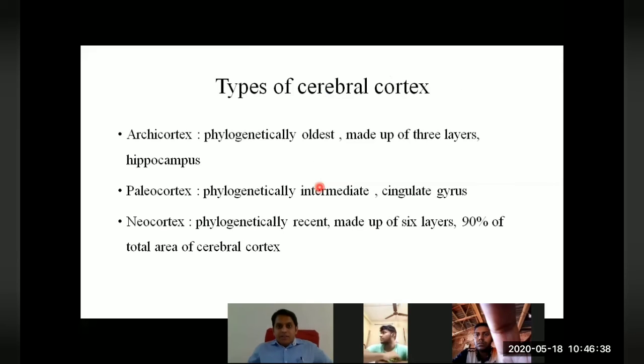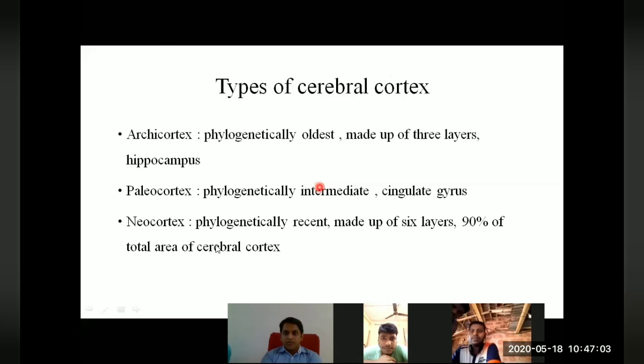Let's see the different types of cerebral cortex which are present in the brain. The cerebral cortex has been divided into three parts: archicortex, paleocortex, and neocortex. The archicortex is the one which is phylogenetically oldest. The older one is the archicortex, and it is made of layers. One example for the archicortex is the hippocampus.